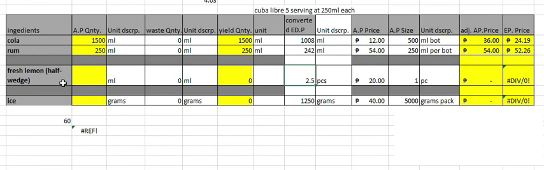Fresh lime wedge: since it is by piece, we cannot purchase 2.5, so we really need to purchase 3 pieces. And for our ice, since it is by pack, we still need to purchase 1 pack, which has 5,000 grams per pack, excuse me. So this was your converted measurement.